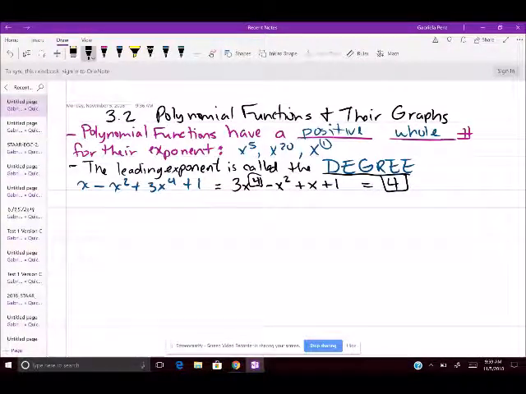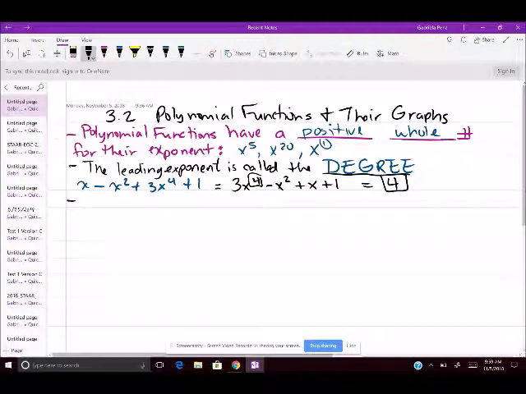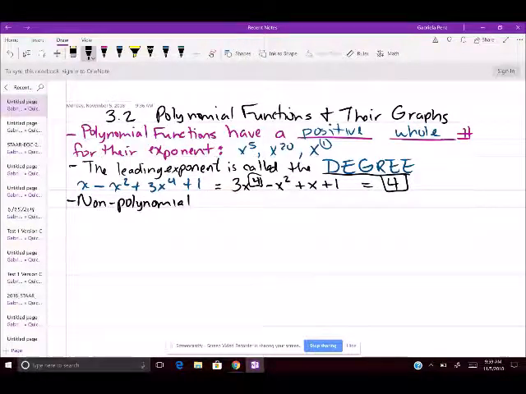Questions right there? So this is just part of the notes of information you're supposed to know already. Supposed to, but if you don't, it's okay. The last thing is non-polynomial. So the opposite of the first two.